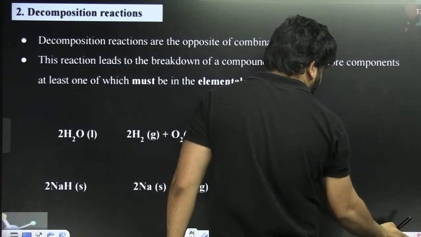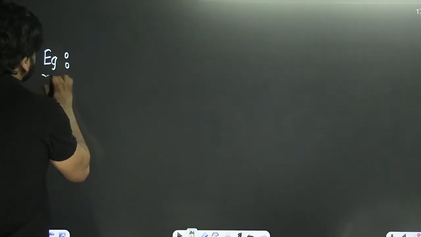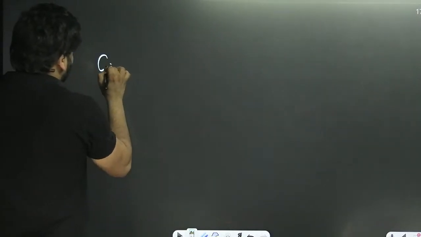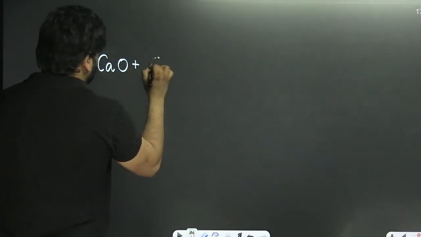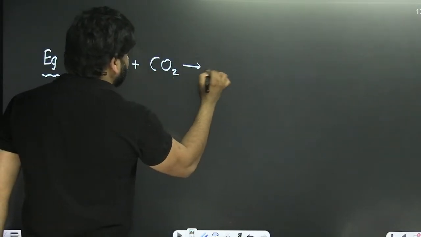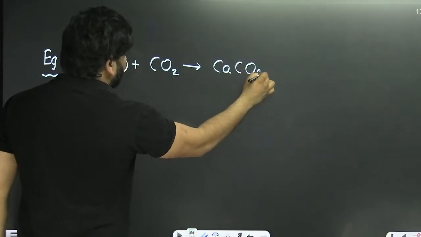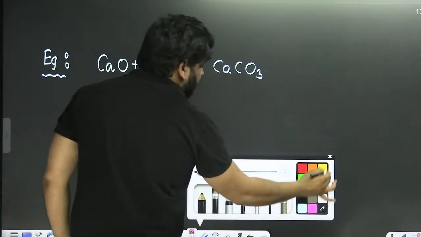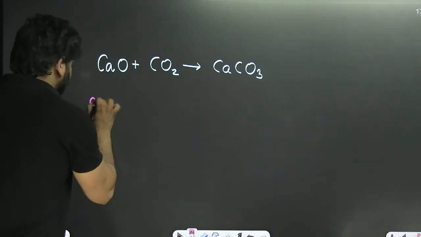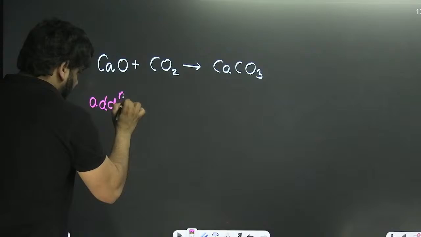For this I will give you one example and then you will come up with a good conclusion. Example: we have CaO plus CO2 producing CaCO3. In this reaction, I'm asking you whether this reaction is an addition reaction or not.